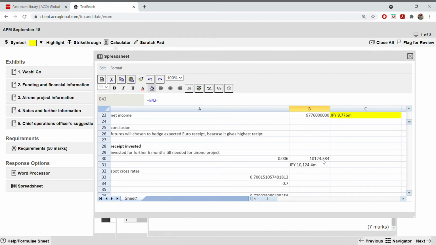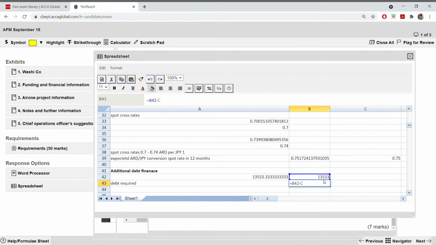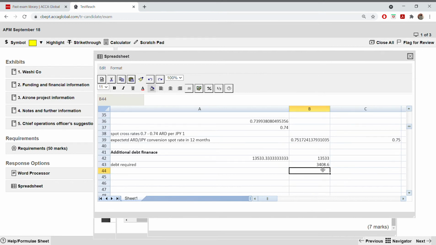So it's better that you write here 10,124.4, 3408.6. Okay, this is the amount you require. This is the required Japanese yen in millions. This I can highlight in yellow.